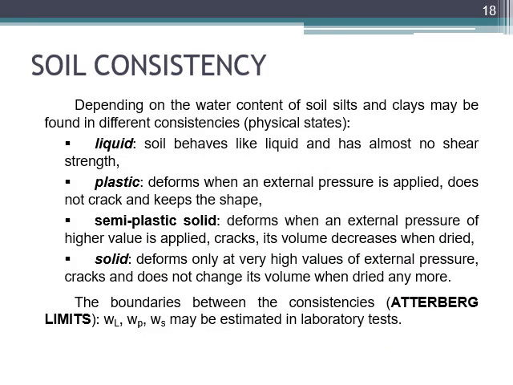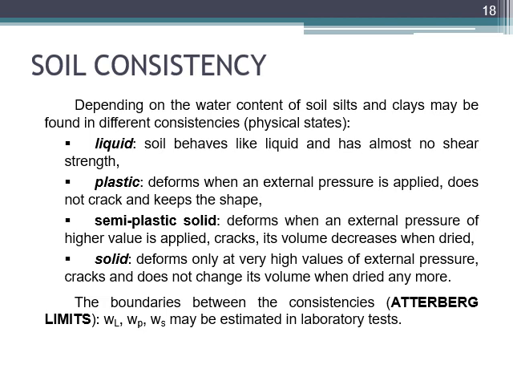You know already that the physical state of sands and gravels is best described with their density, while in silts and clays, it is the water content that has the most important influence on the engineering properties.